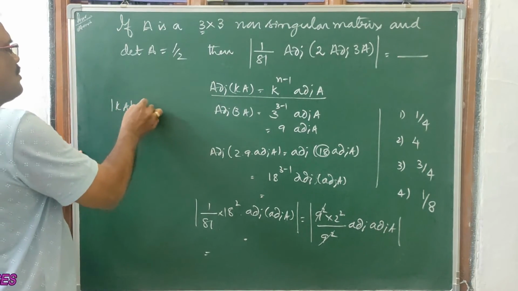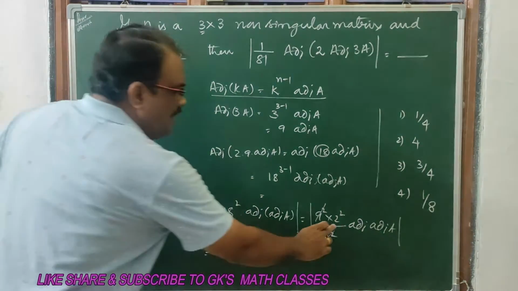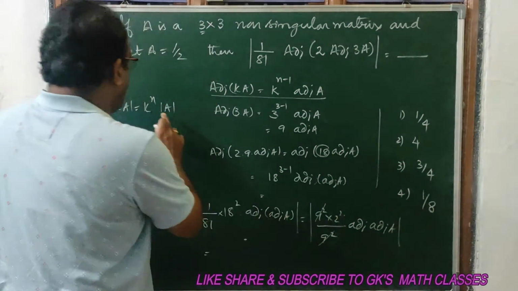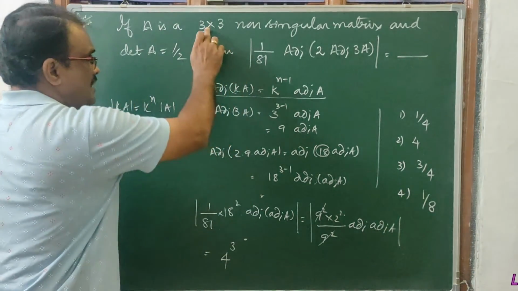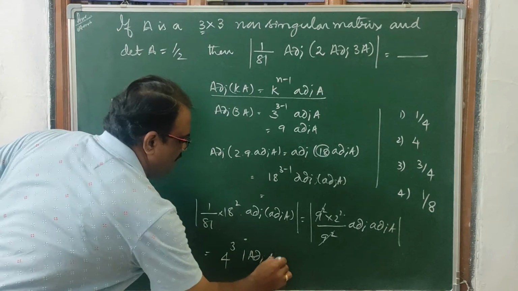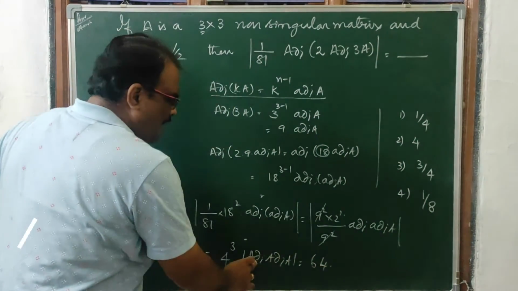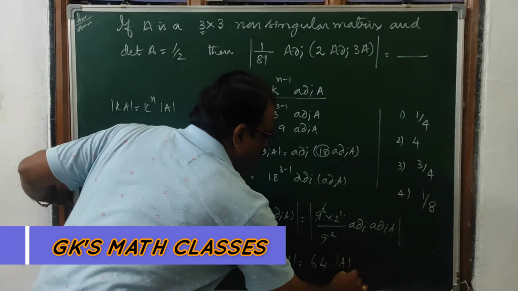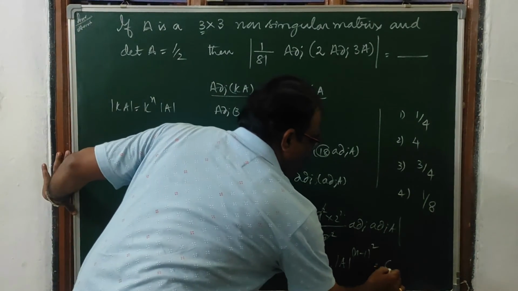Determinant KA is equal to K power n into det A, that is our formula. You get 2 square is 4. For 4A, K power n means 4 cube, because it is an n by n matrix, times the determinant of adjoint A. Determinant of adjoint A is det A whole power n minus 1 whole square.